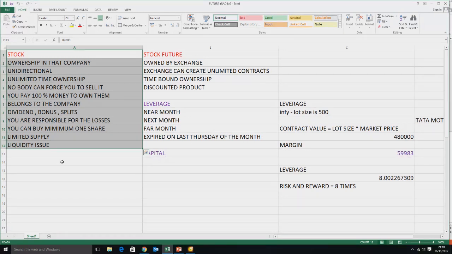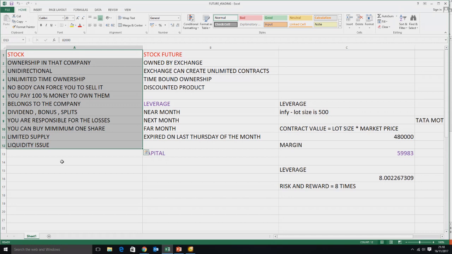And if you are holding stocks, you may get dividends, bonuses, or splits if that happens in that particular company. In stocks, you are solely responsible for the losses if it goes down. And in stocks, there is no compulsion that you have to buy a certain amount of shares. You can simply buy one share and that's it.